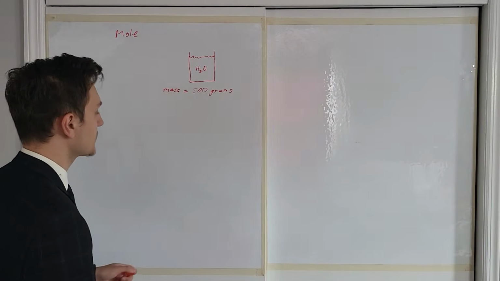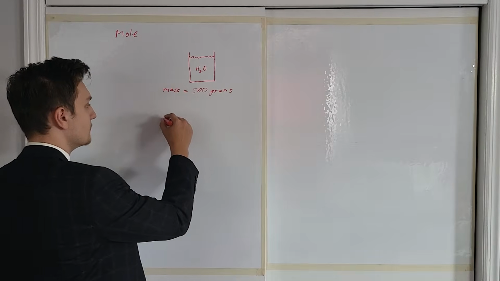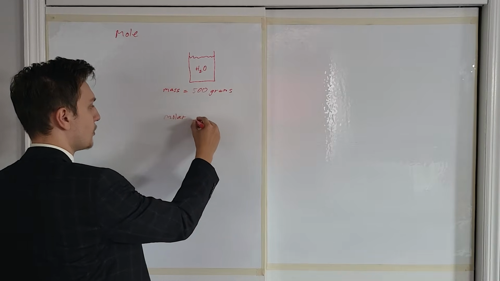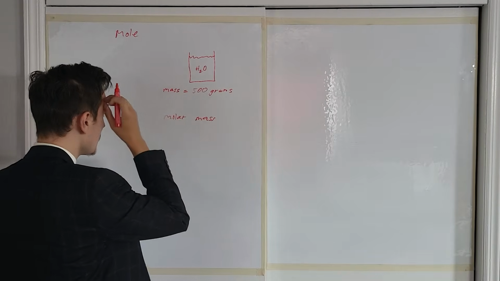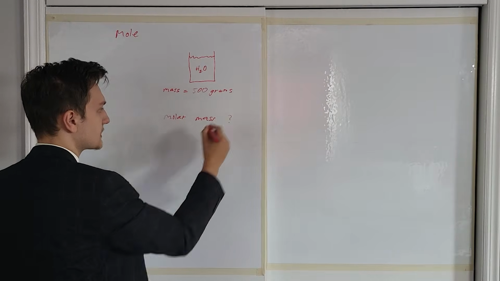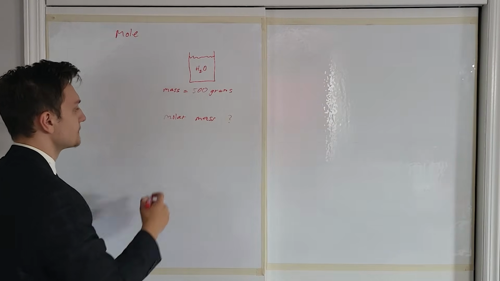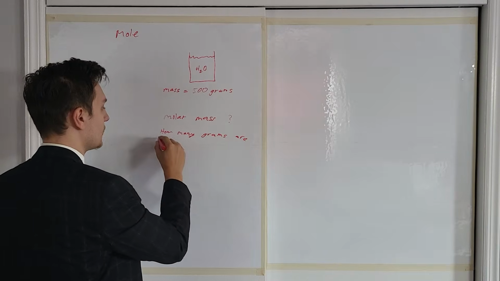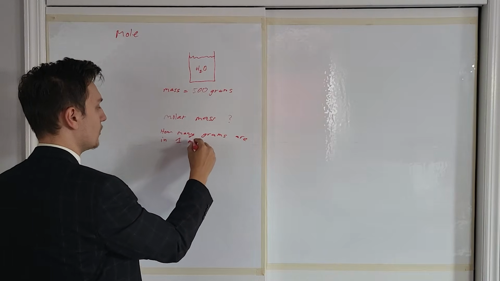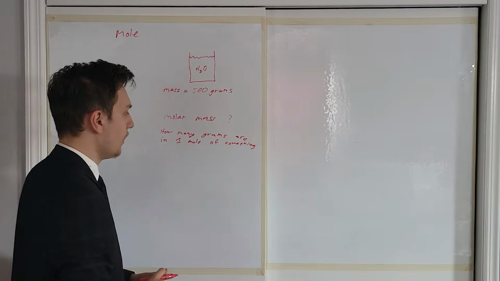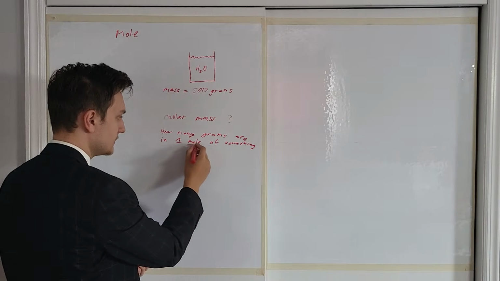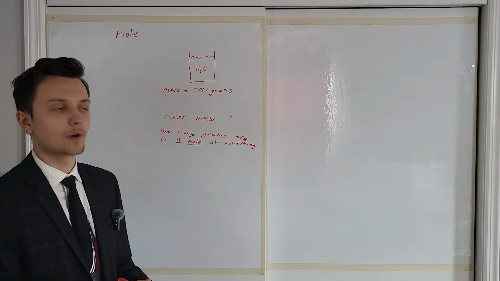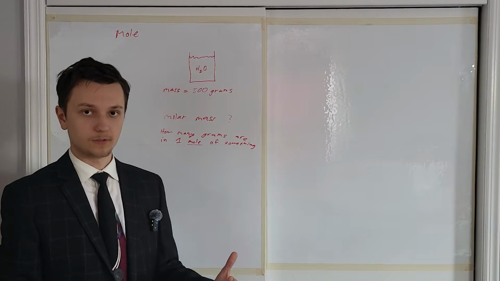And now here comes in the quantity of molar mass. What is molar mass? What is this quantity? This is how many grams are in 1 mole of something. A mole is a unit that describes how many particles you have.